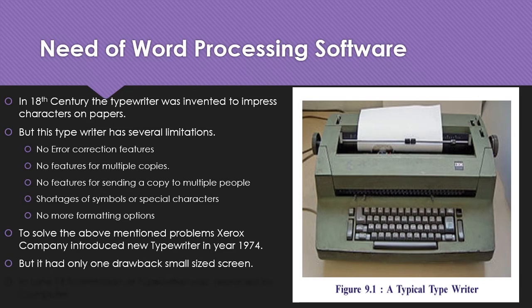But there was still one problem, the small screen. Due to the small size, we were not able to see all the content on the screen at a time. We were able to see only a few lines. So that was the drawback of the typewriter introduced by Xerox in 1974.